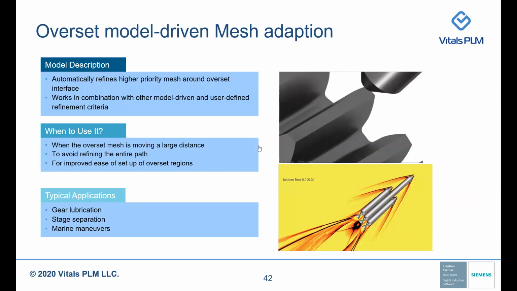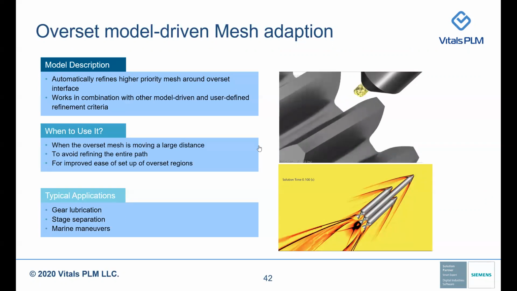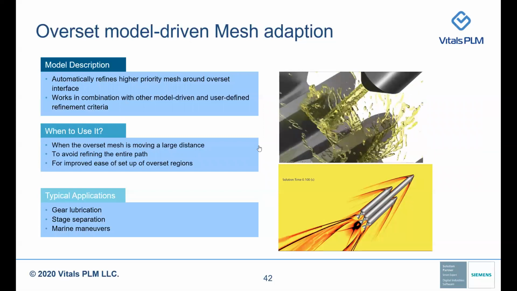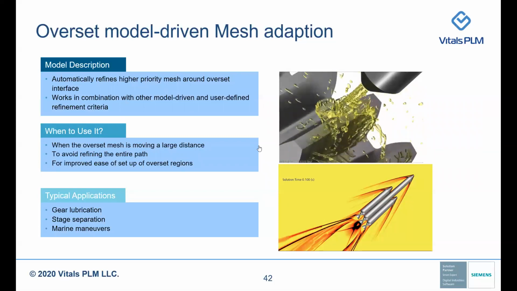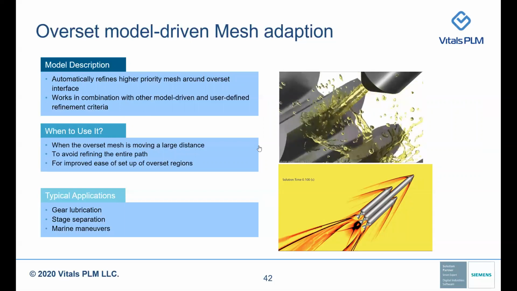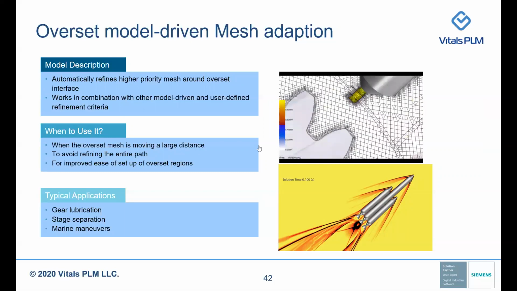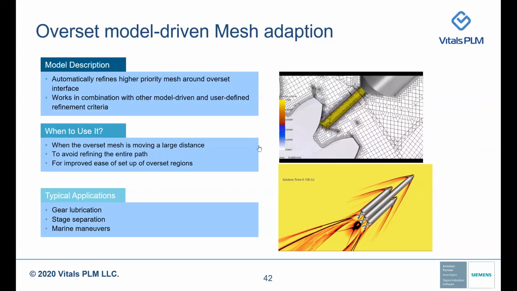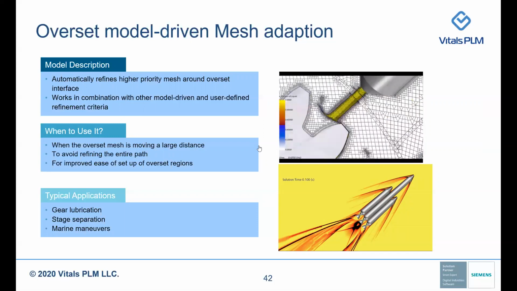So the Overset Mesh model-driven mesh adaptation. Here you can see this example. This is the oil cooling, oil lubrication of the gear. Here, using the adaptive mesh refinement, the free surface of the oil splashing has been resolved.